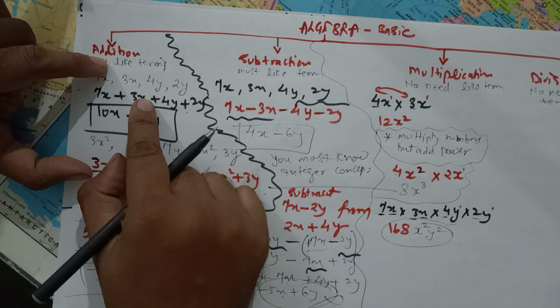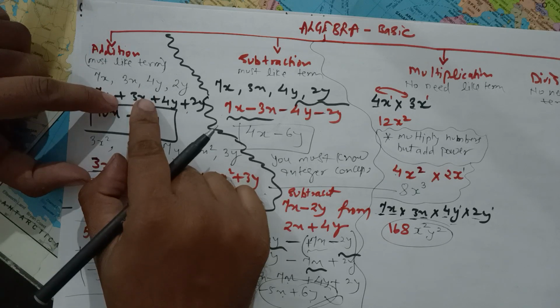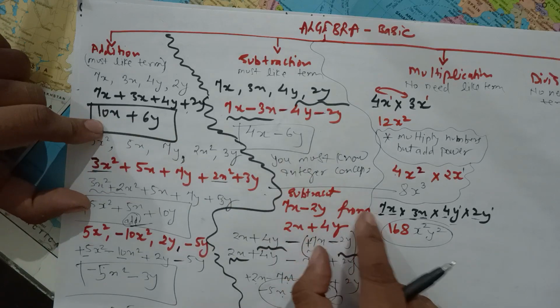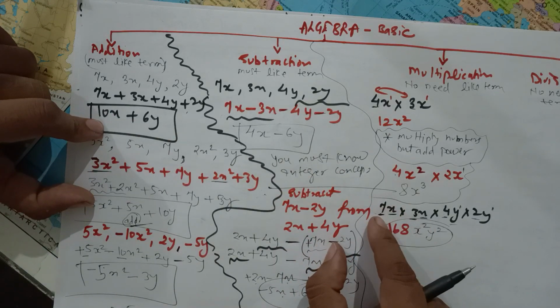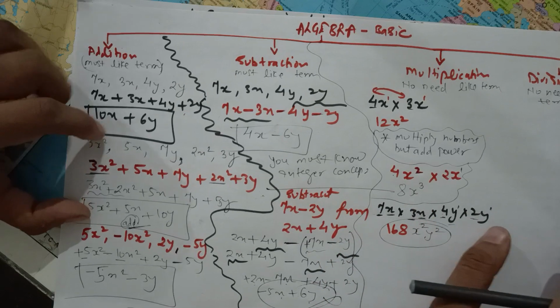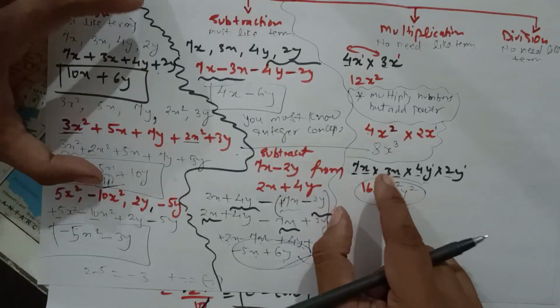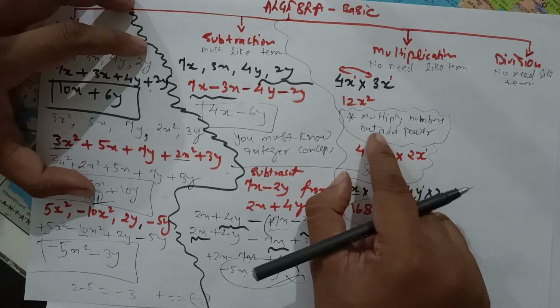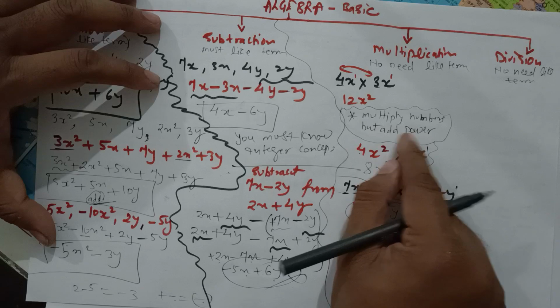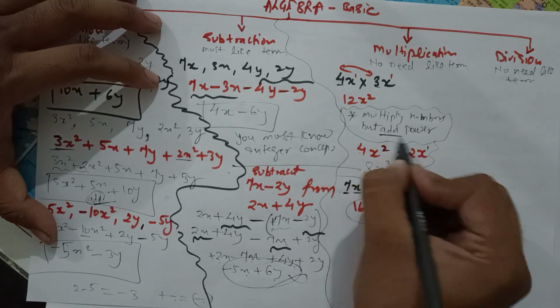Just see the like terms. 7x plus 3x, 7 plus 3 is 10, and write only x. But here 7 into 3 is 21, x to power 1 and again x to power 1, so x to power 2. Number will be multiplied, no problem, but power will be added. This is very important.